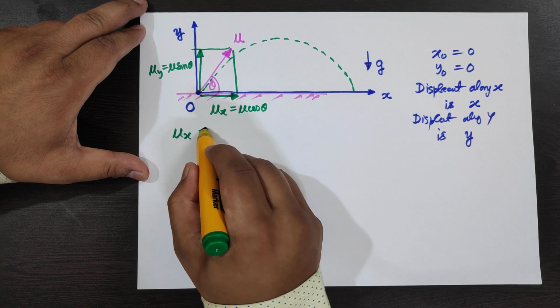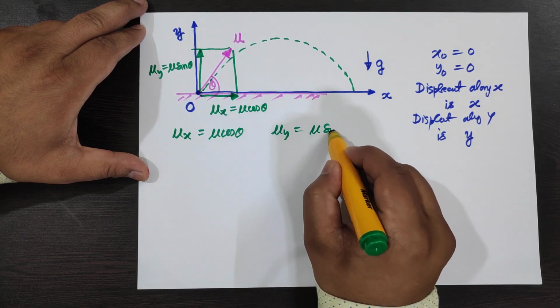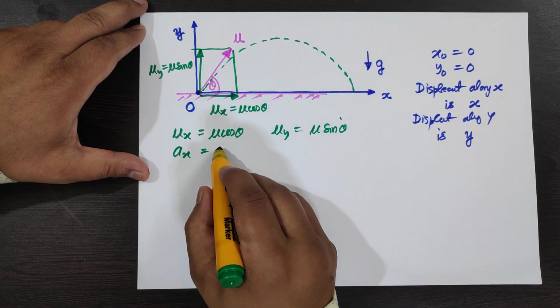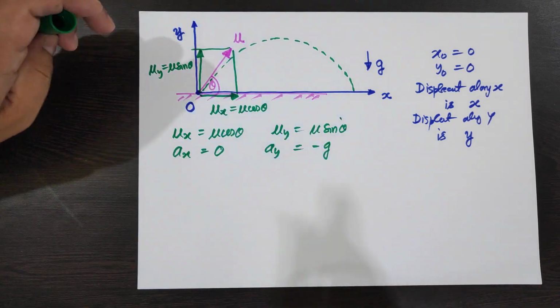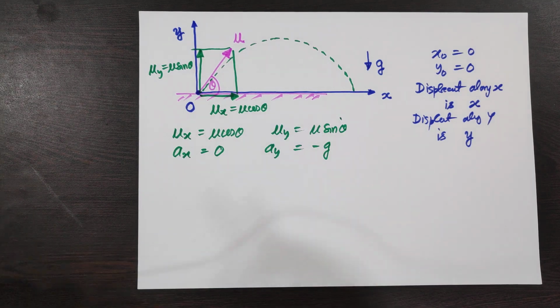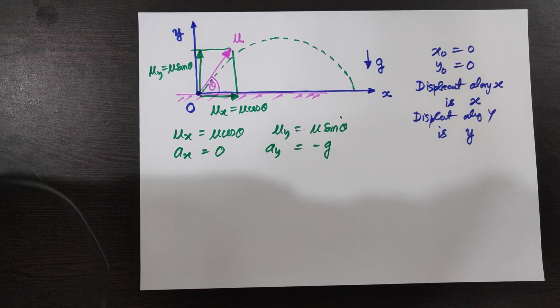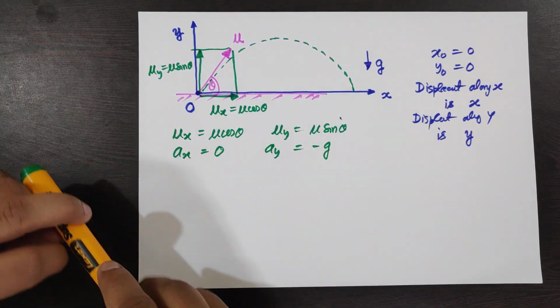Now ax: this has no component along x axis, so ax equal to 0, ay equal to minus g, because we have considered the y axis upwards.